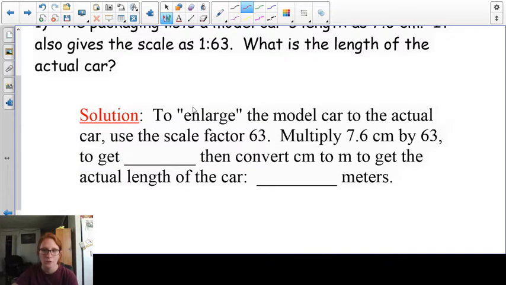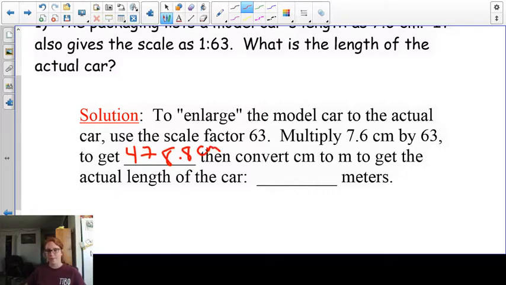Well, to enlarge it, or to make it bigger to try and figure out what it is, I'm going to use a scale factor of 63. So I'm going to take 7.6 and multiply that by 63. And your calculators. So that gives me 478.8 centimeters.